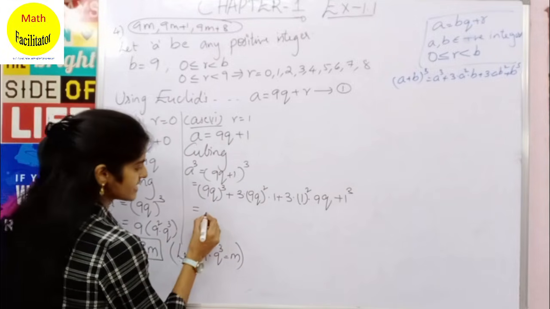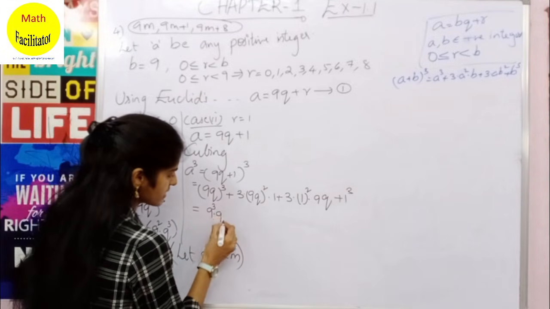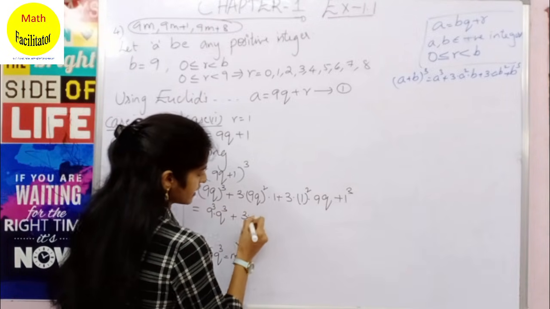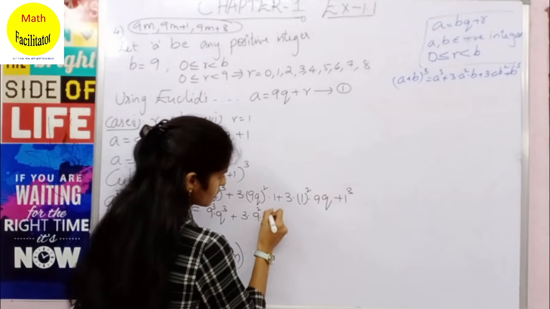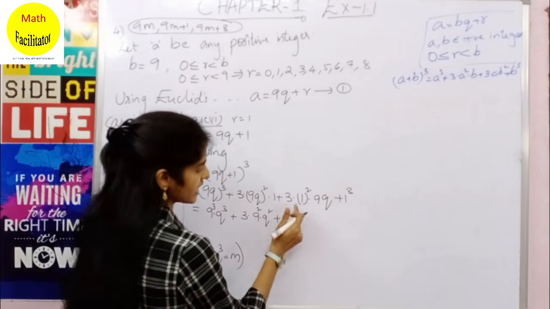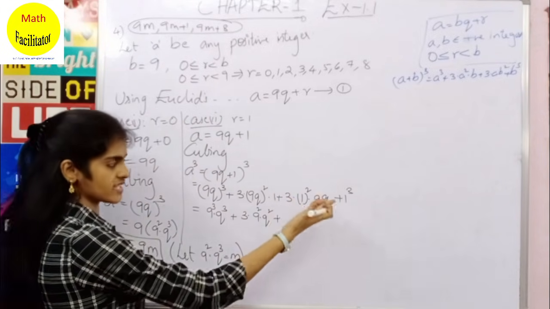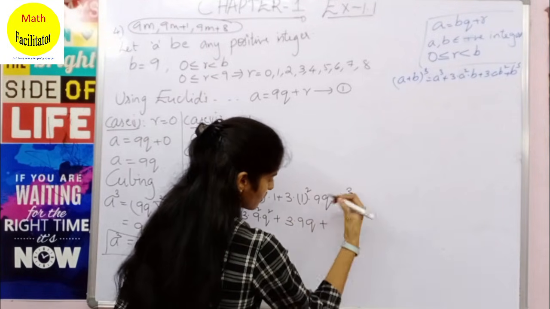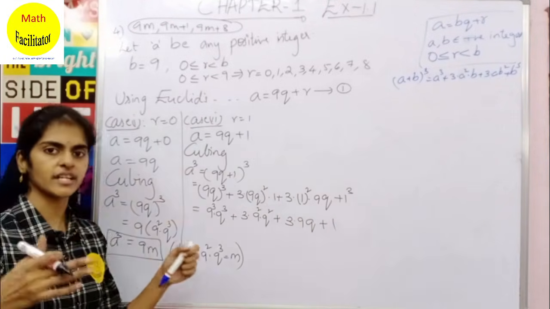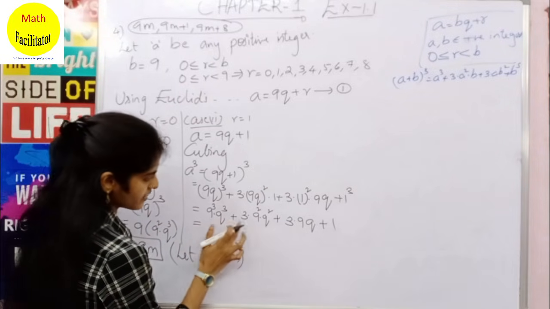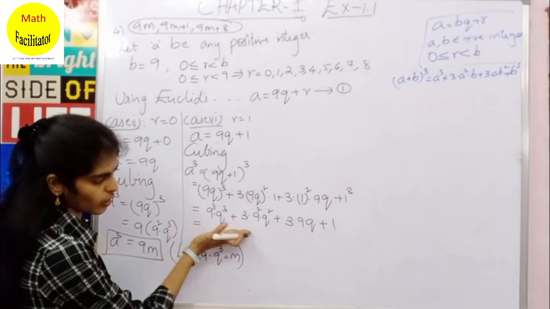Now let us separate the powers. 9 cube q cube plus 3 into 9 square q square, multiplied by 1 gives the same thing again. Here 3 multiplied by 1 square is nothing but 3, so 3 multiplied by 9q, plus 1 cube, which is nothing but 1. From all these terms, you can take 9 as common.